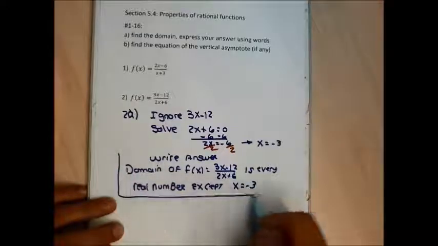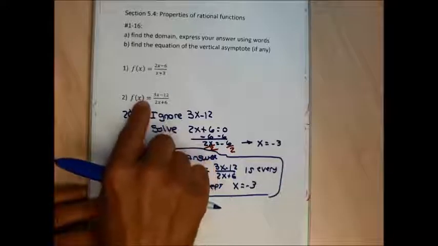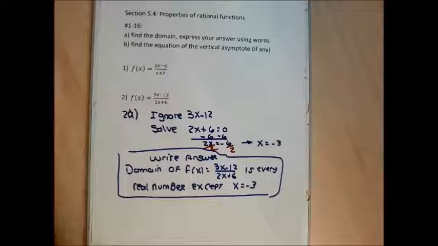And that would tell somebody that reads mathematics that if you plug -3 in for x, you're going to get undefined as an answer. But if you plug any number other than -3 in for x, you'll get something that's defined. It may be a fraction, it may not be a fraction, but it won't be undefined. That's the end of part A.